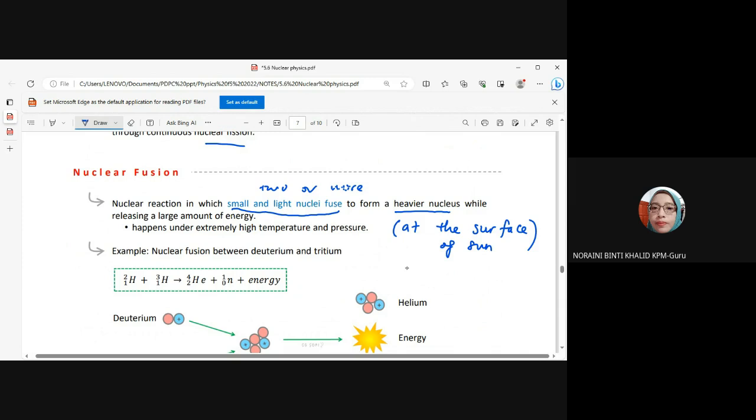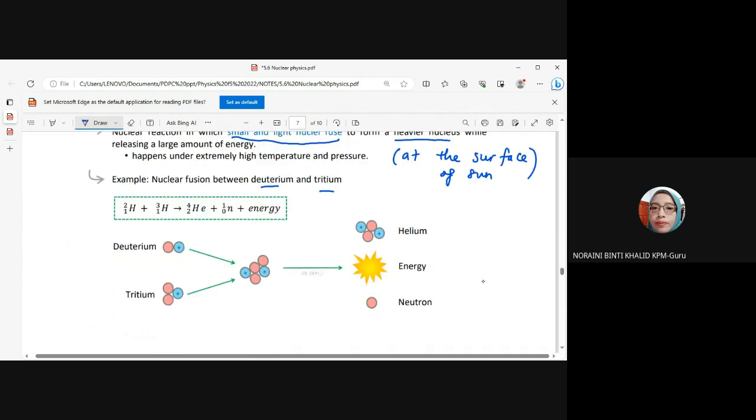Okay. Example, deuterium and tritium. Ini adalah isotopes of hydrogen. You tahu apa tu isotope? Isotope of hydrogen kita ada 3. Hydrogen 1, hydrogen 2 deuterium, hydrogen 3 ialah tritium. Okay.